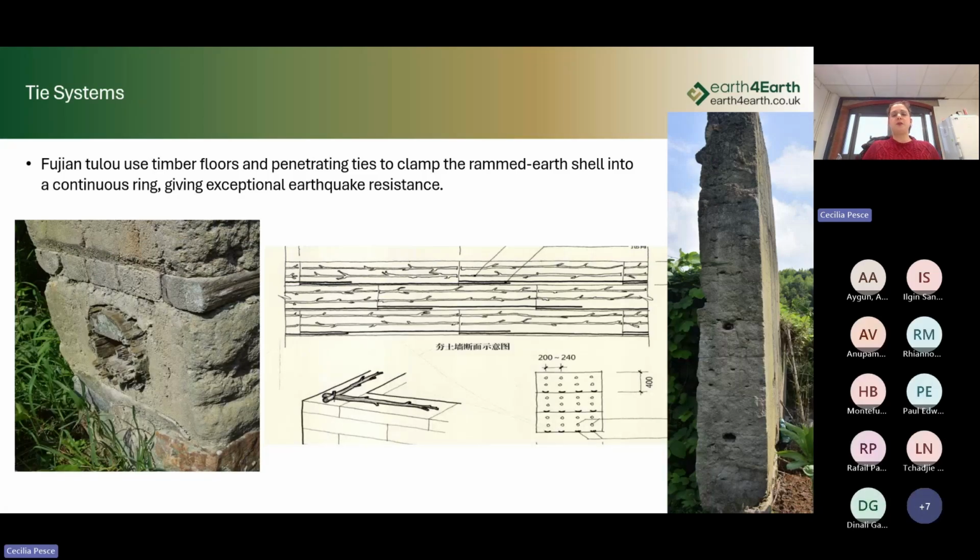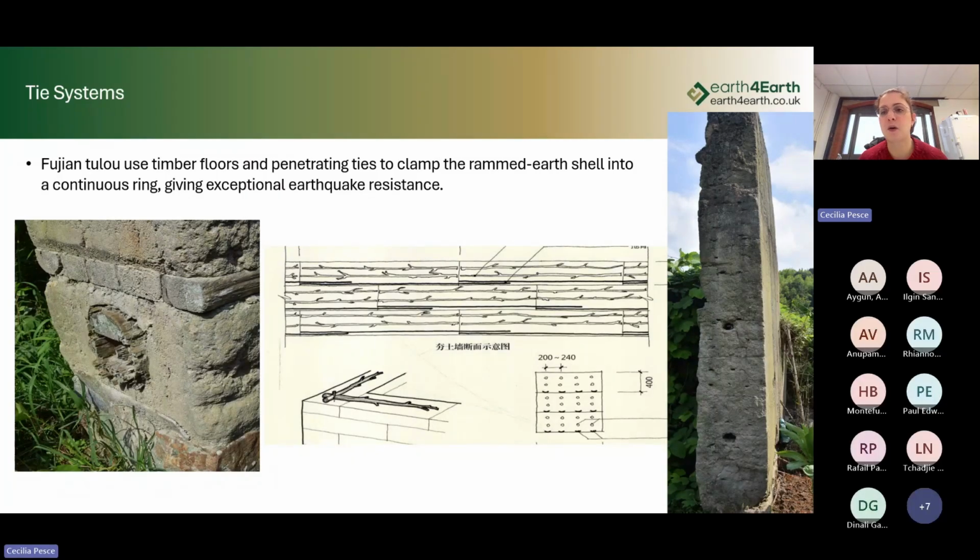And then in terms of the architecture and engineering side of this building, we can look at the tie systems. So this is actually the main contributor of why these buildings are so resilient, especially to earthquakes.